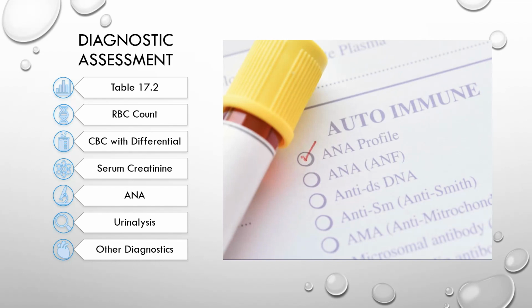And then I will say one big lab we do look at is the ANA profile, which ANA is anti-nuclear antibodies. ANA is present in over 95% of people with SLE, although it is present with other autoimmune disorders. And even some healthy individuals, up to 3 to 4% of people who are healthy, can also have positive ANA markers.